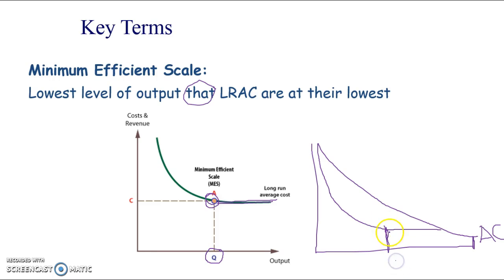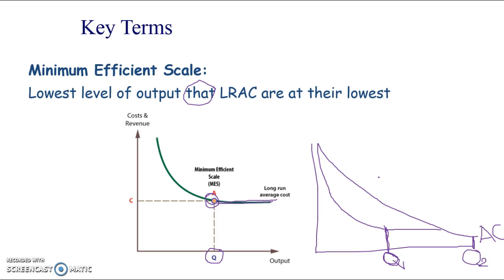Just using Q for output, this industry here, at Q1, could actually support more firms operating at an efficient level than this industry here, if they both have the same level of demand, that is.